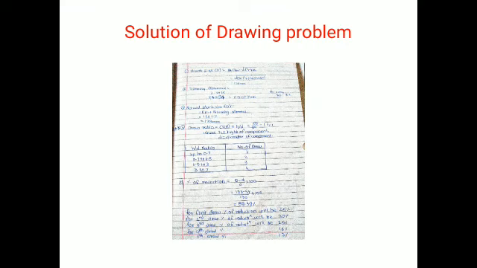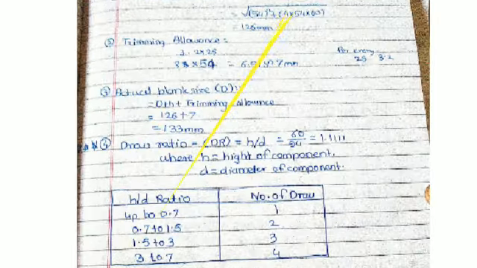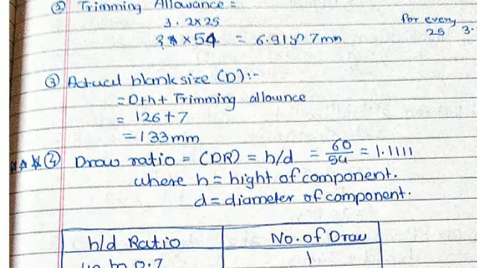Next point is actual blank size. Actual blank size is given by theoretical blank size plus trimming allowance. Therefore, actual blank size is D theoretical plus trimming allowance, 126 plus 7, that is coming out to be 133 millimeters. So we have calculated capital D as 133 millimeters.